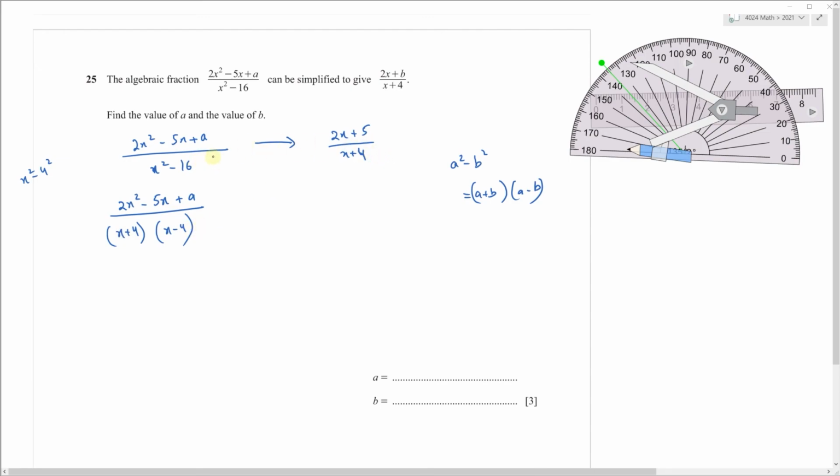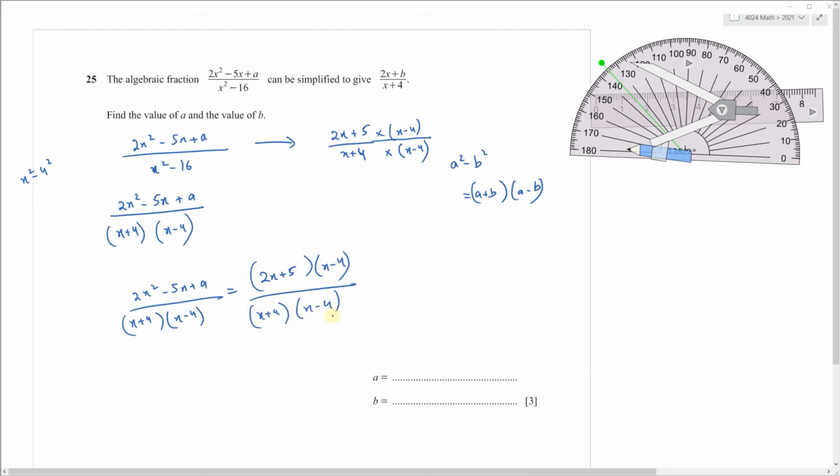So if I want to make these equal, that means I can multiply this by x minus 4. Since I'm multiplying in the denominator, I have to multiply it in the numerator as well. And now these two terms will be equal. So 2x square minus 5x plus a over x plus 4 into x minus 4 equals 2x plus 5 into x minus 4 over x plus 4 into x minus 4.